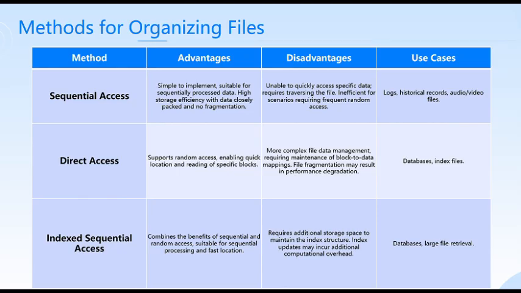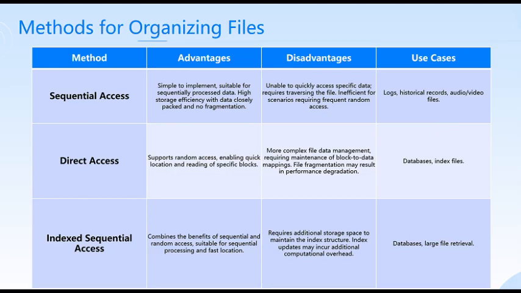And then is direct access. Data stored in fixed blocks enables random access by block number. It supports random access and quick reading of specific blocks, but it is very complex to manage.